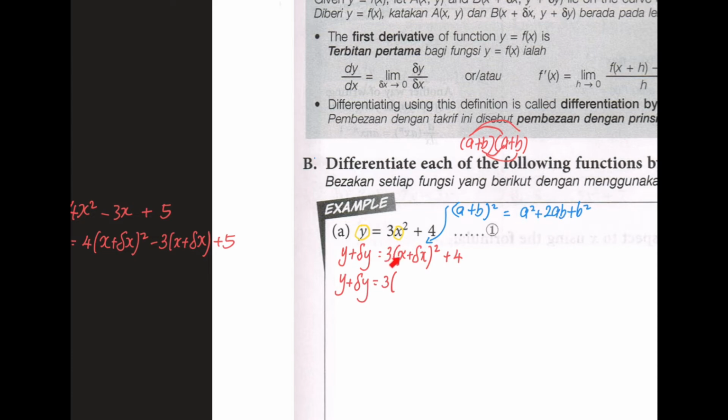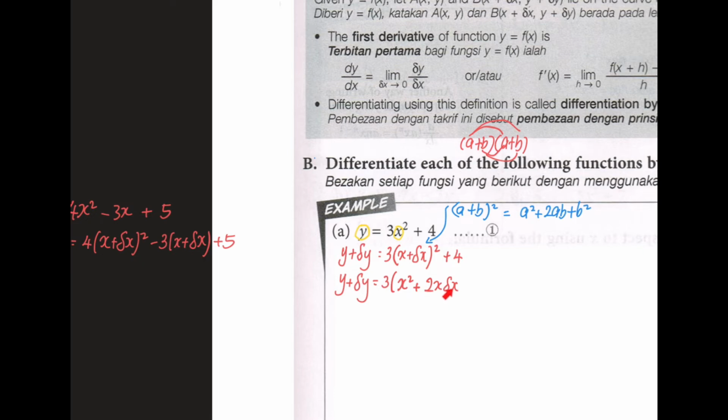So this is my x squared, followed by 2ab, 2 times x times delta x. So we get 2x delta x. They cannot combine. The x and the delta x here cannot combine.